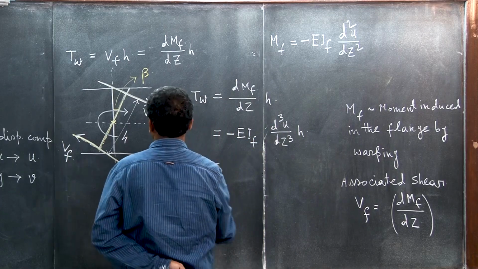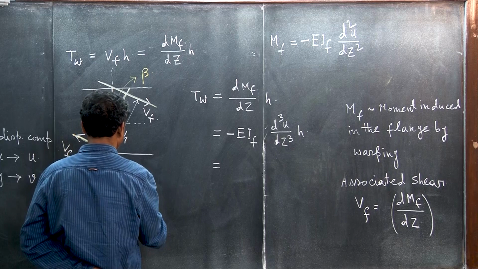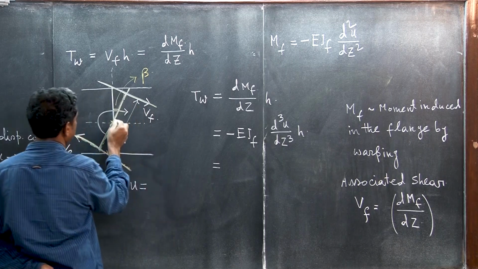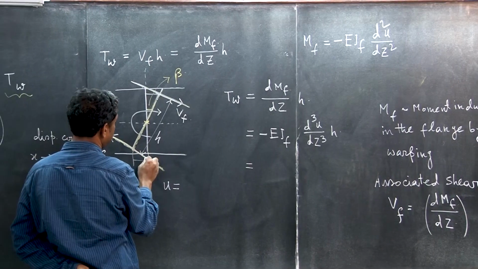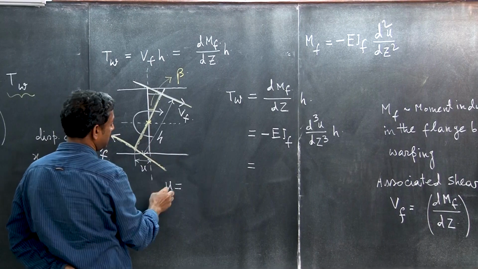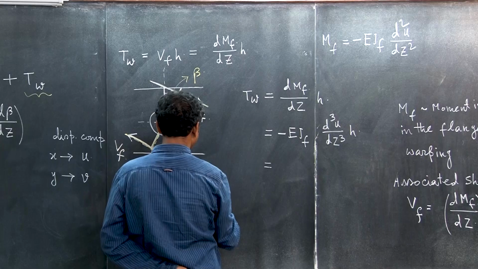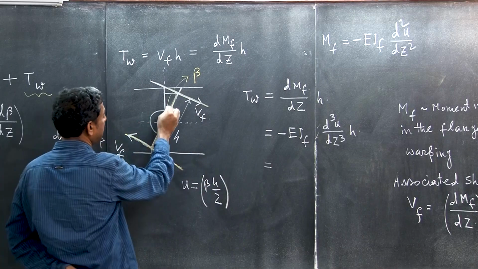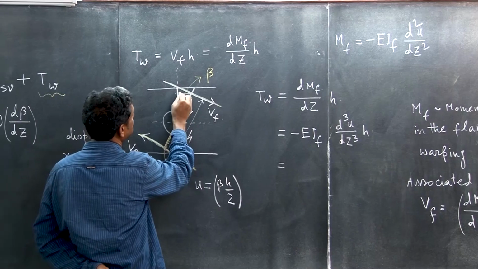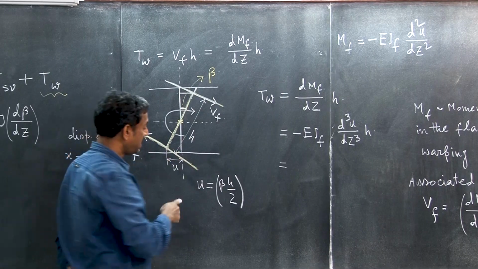Now, you tell me what is u? u is this deflection, right? This u or this u? u is nothing but beta into h by 2, because this angle is beta and this deflection is beta into h by 2.